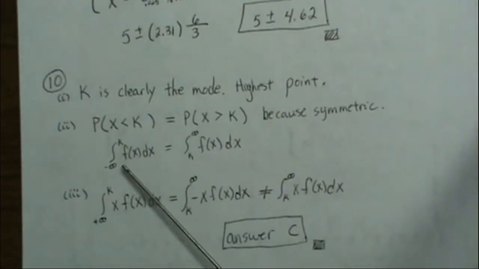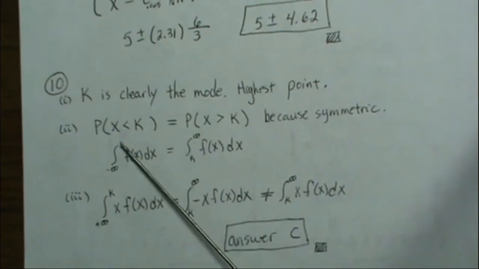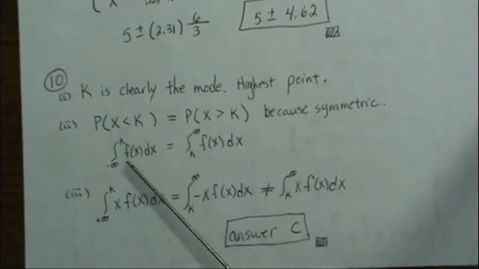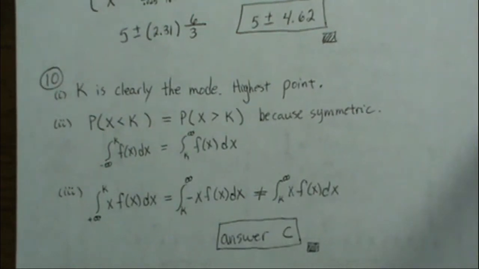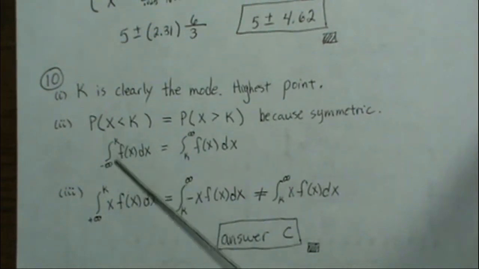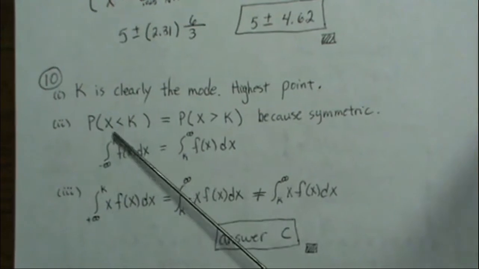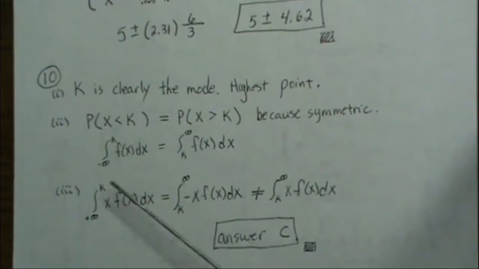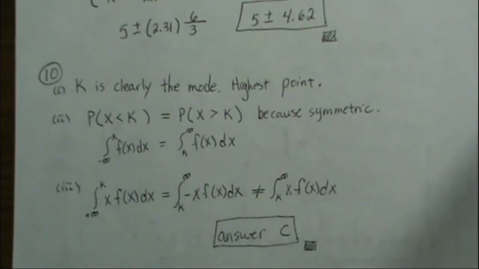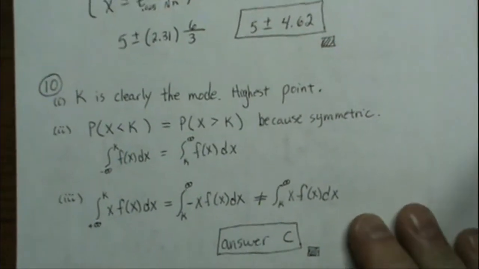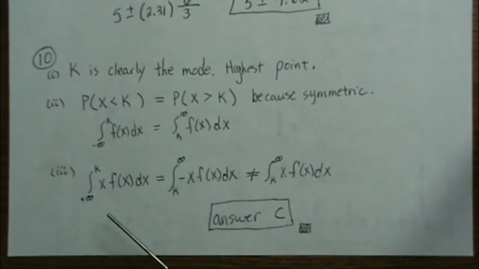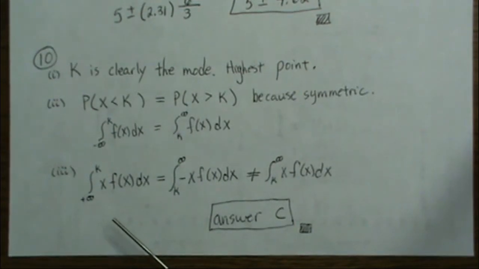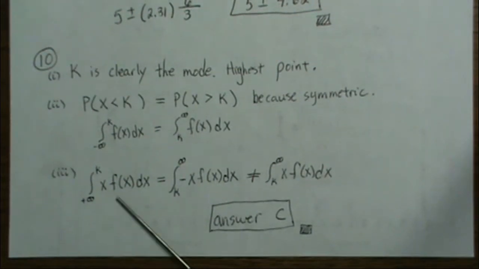So if we integrate from negative infinity to k of this f, now we can change, because it's symmetric, this probability is that we're less than k, this probability is we're greater than k. So here is the third possible answer.